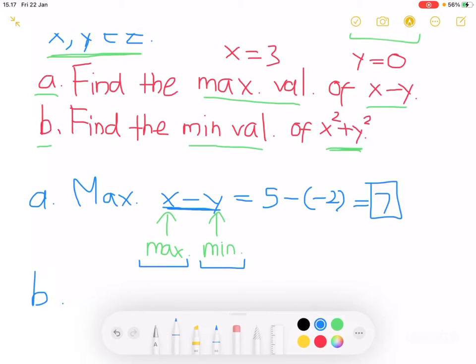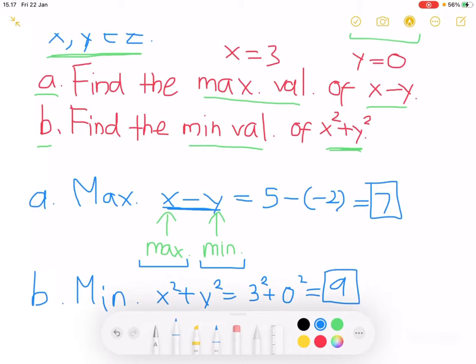So what we're left with is the minimum value of x squared plus y squared is equal to 3 squared plus 0 squared, which is just +9. And this is the answer. It looks pretty tricky at first, but you can just do some practice, which I'm going to show you some examples of. So let's jump into the next example.